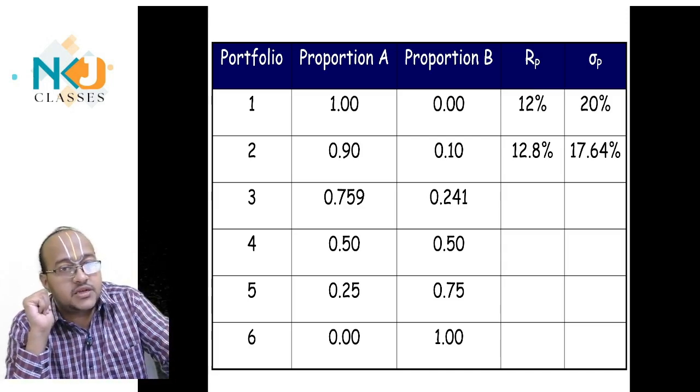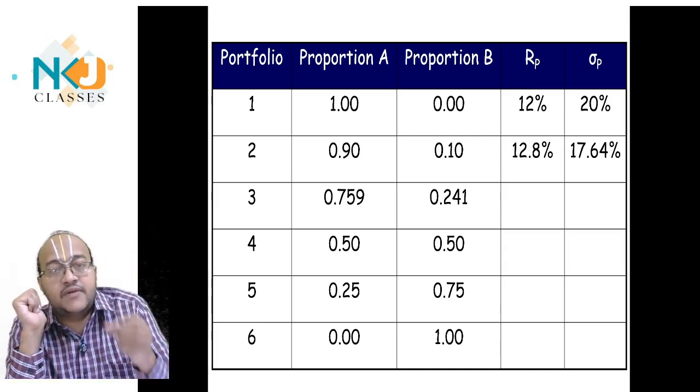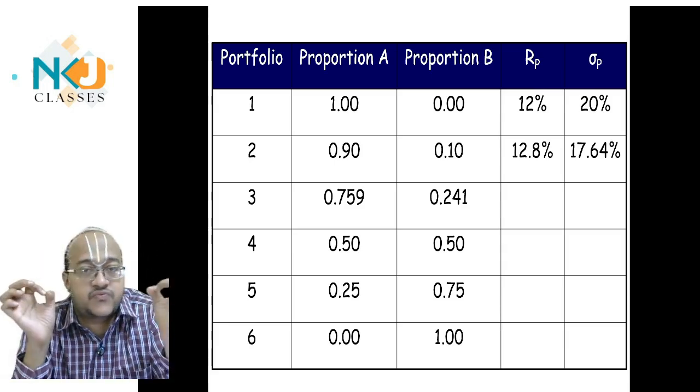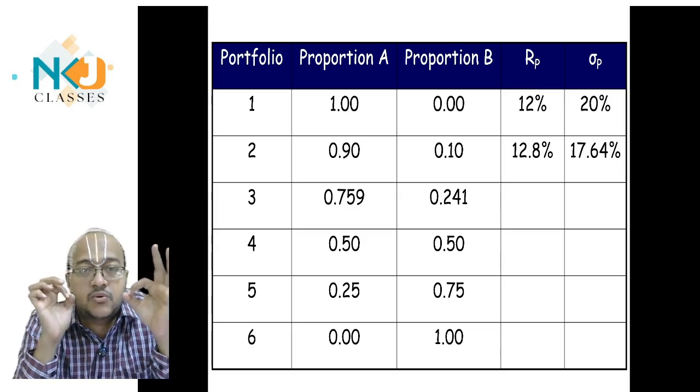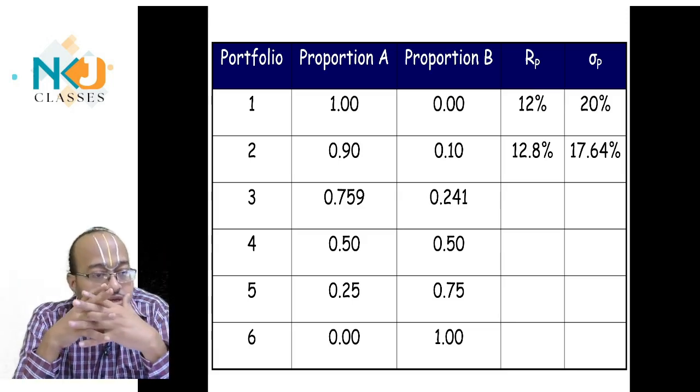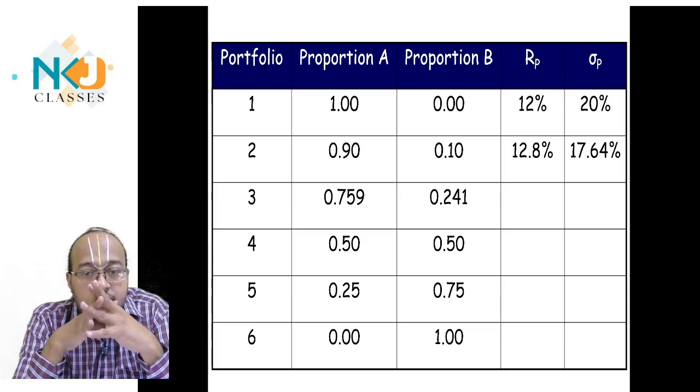If I apply this formula using this proportion, I will get the risk as 17.64. Have you all understood how I got 17.64? You can verify it later.